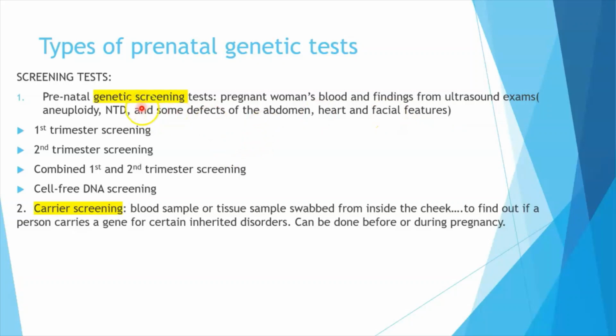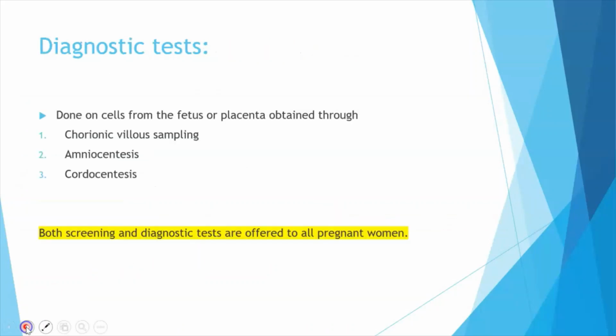The types of prenatal genetic screening tests are first trimester screening, second trimester screening, combined first and second trimester screening, and fourth is cell-free DNA screening. Second is carrier screening. In carrier screening, a blood sample or tissue sample swabbed from inside the cheek is used to find out if a person carries a gene for certain inherited disorders. This can be done before or during pregnancy.